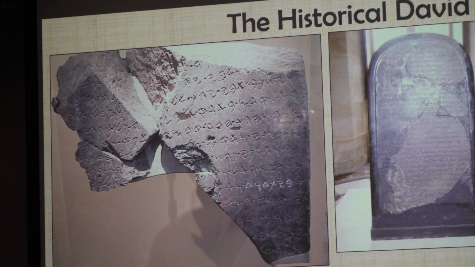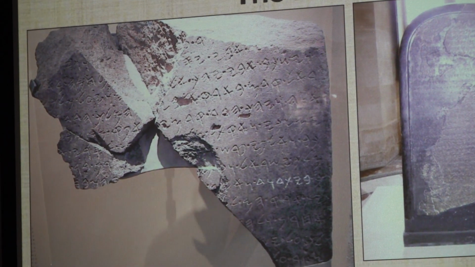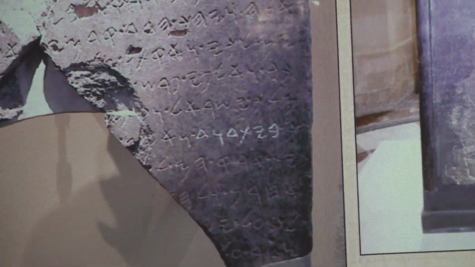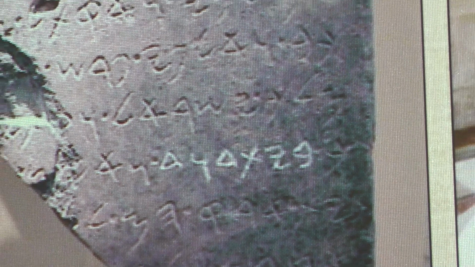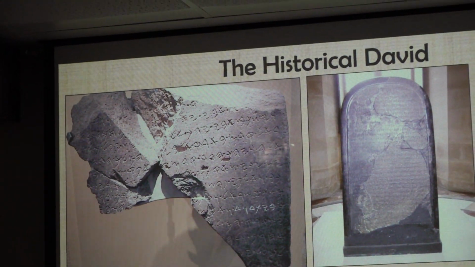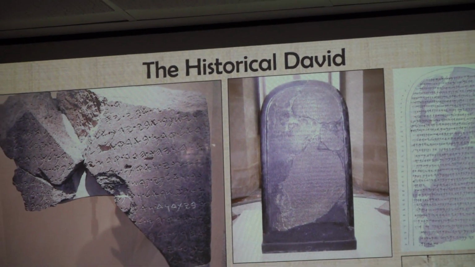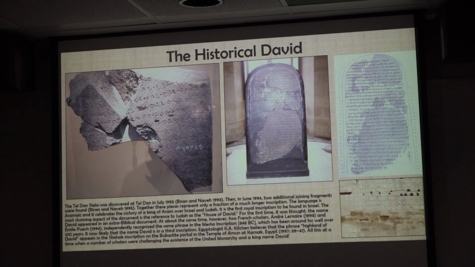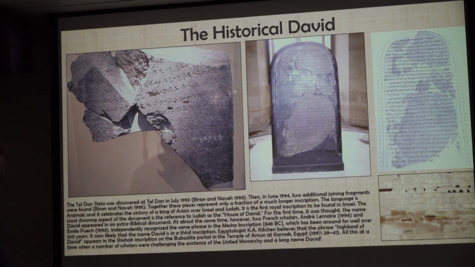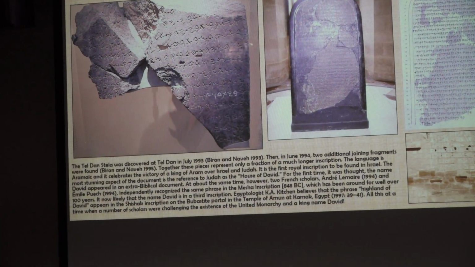It's discovered in 1993. It's kind of got an interesting story here. Avraham Biran, a very senior archaeologist at Hebrew Union College, had been digging at Dan since 1966. And his assistant was kind of a minimalist. She did not have a high view of Scripture, and they were doing some clearing outside of the outer gate at Dan, and she found this piece of basalt in secondary use in a wall with this inscription on it.